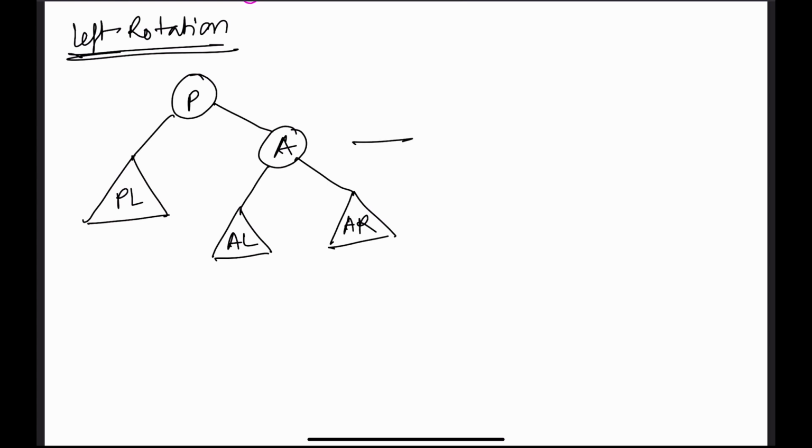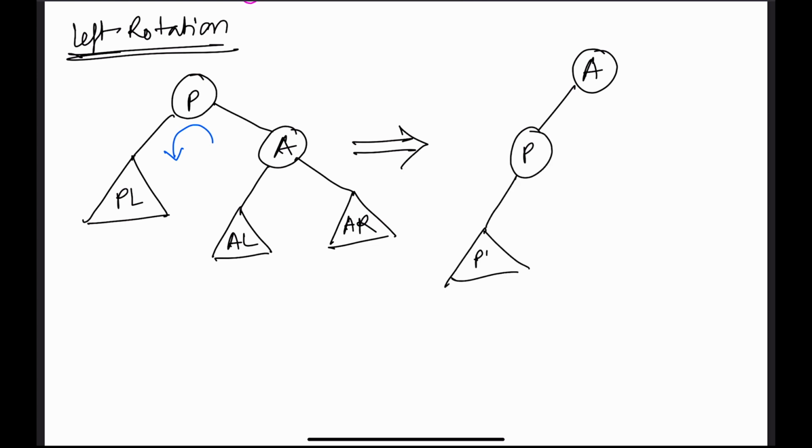Now if I do the left rotation here on P, what will happen? A will become the root, P will be coming into the left side, like this PL, and this AL would become the right side of P, just the reverse one, and here it would be the AR, obviously.